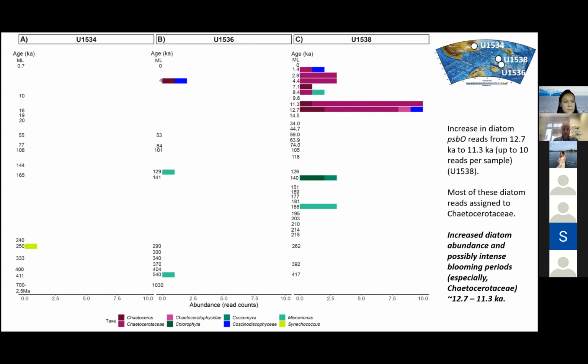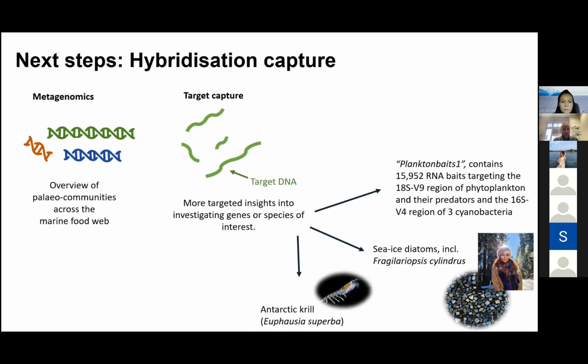this is where this technique, hybridization capture, becomes so important, because we can target these rare genes and amplify them before we even sequence them, and then we can look into more detail. So this would be really interesting to do, for example, for this gene or other genes of interest.